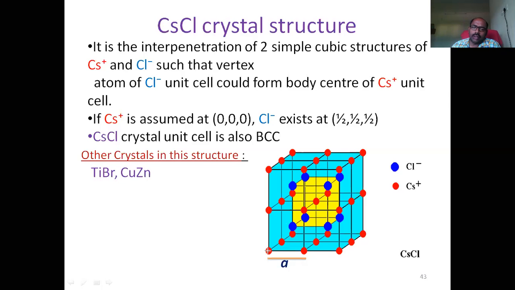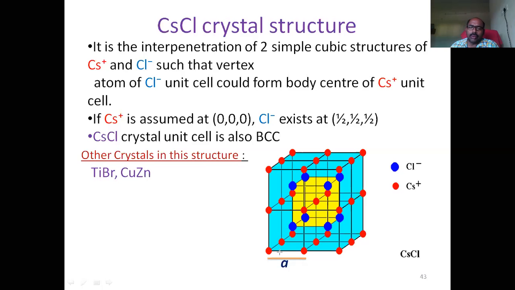If we take the reference point as this, at the same time we can switch our reference to this point also, as the Bravais lattice looks the same from wherever you see. So if this is our reference lattice point, the lattice points at a distance of 0.866a are the 8 corner points for a body center point.